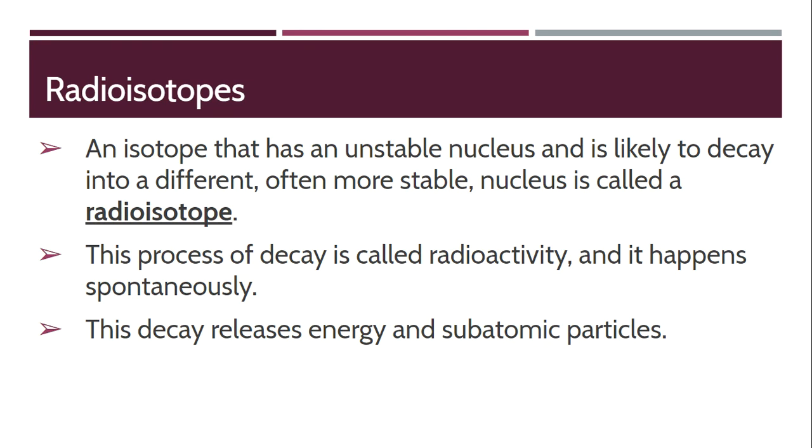And when it happens, it releases energy and subatomic particles. And we're not going to talk too much about radioisotopes, but just that you know that they exist and that their nucleus is unstable. So that's a general overview of atoms, ions, and isotopes.